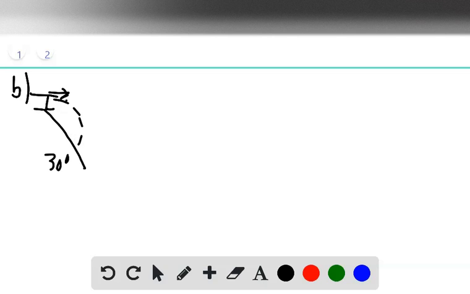We can start by defining the slope of the hill that she lands on.